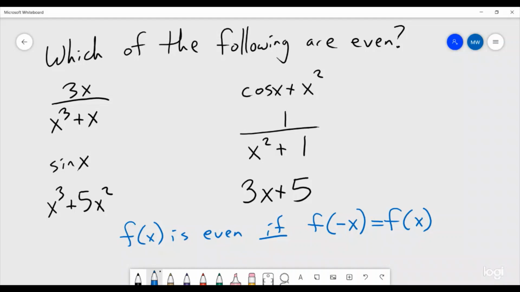So for 3x over x cubed plus x, we are going to replace every x with a negative x. So that gives us 3 times negative x over negative x cubed plus negative x. Go through and simplify that. Here, let's make a little bit more space.